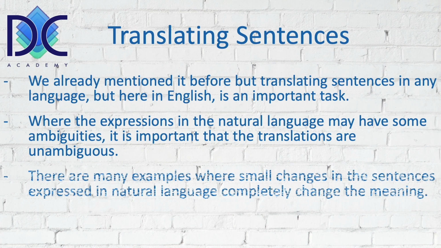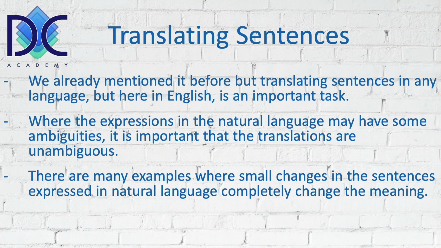Now, there are examples in languages where small changes in a sentence can change the total meaning of that sentence. And in some languages, different words have different meanings. For example, Dutch and Flemish are basically the same language.